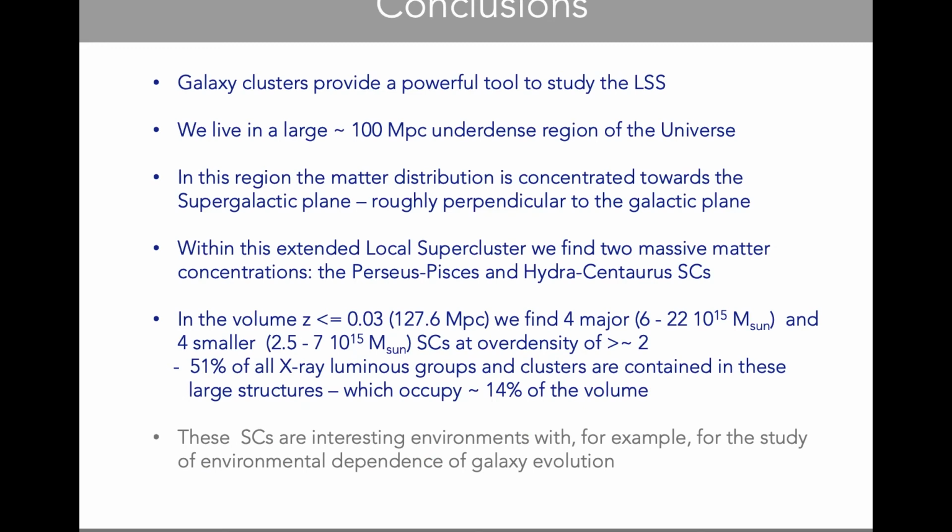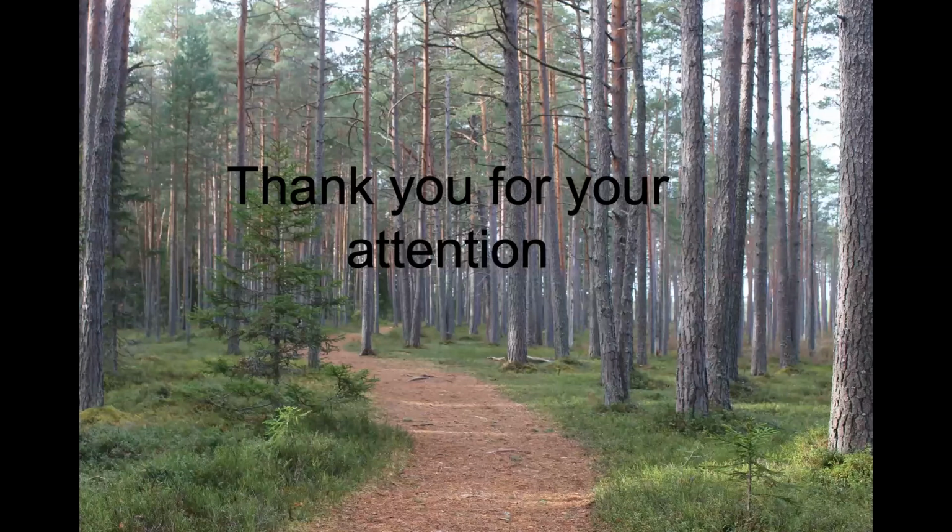The most massive structure that we find in the volume we have studied is the Perseus-Pisces superstructure, which lies mostly in this region, and the other large structure in this nearby region, in this pancake, is Centaurus. I showed you the 8 superstructures in total that we find in the nearby universe out to a redshift of 0.03. And with that, I'd like to end my talk and thank you for your attention.